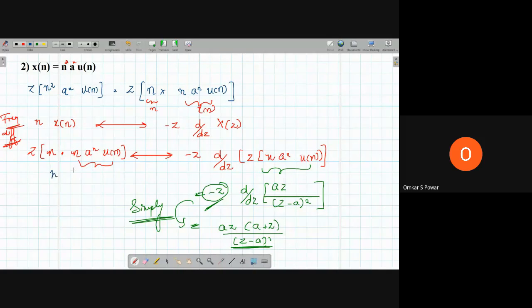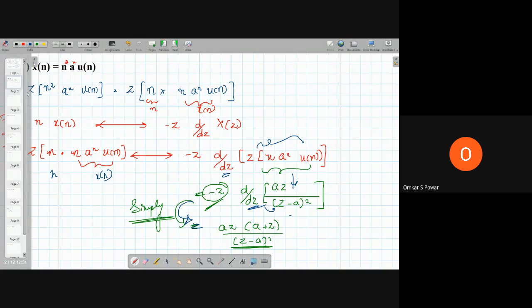So n is this one, x of n is this one. From the first problem which we have solved, and you have to keep this in mind, always z transform of n a power of n u of n is nothing but a into z by z minus a the whole square. Then d by dz is there. Substitute and simplify this one, and then you should get this answer.